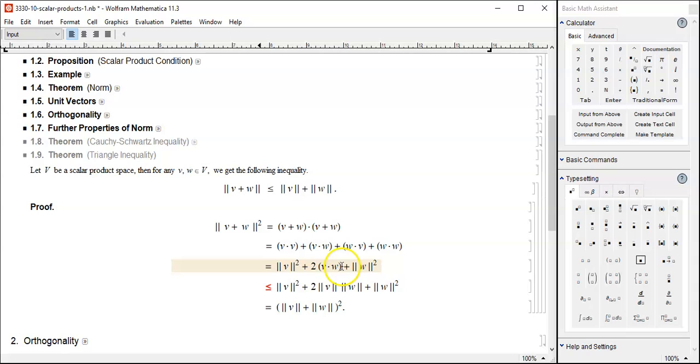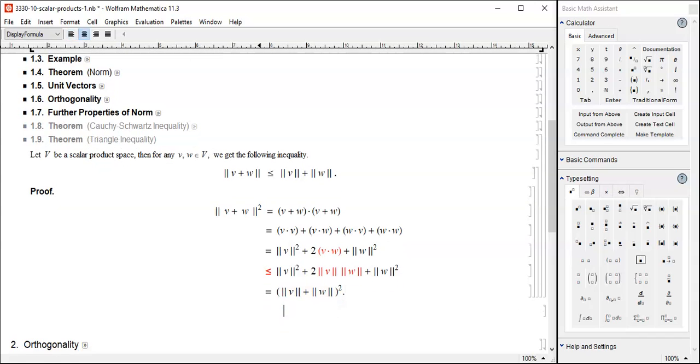Now, the key is the transition from here to there. I just highlighted it in red. Now, please note that this is greater than or equal to that. If so, then I can move from here to there using the complete square formula. Yes, complete square formula.